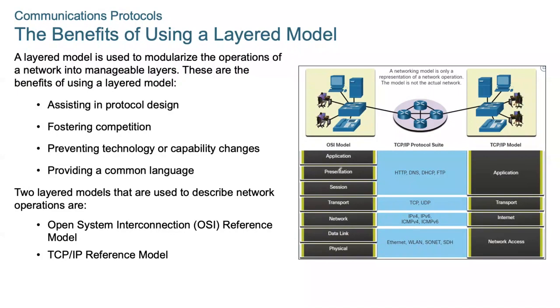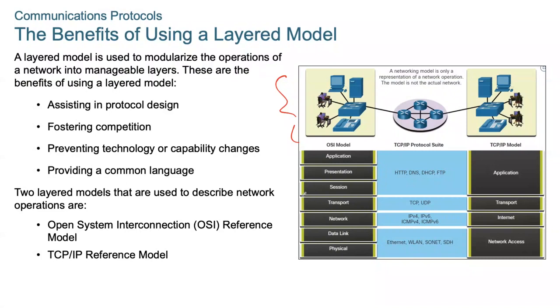One benefit is assisting in protocol design, because the protocols that operate at a specific layer have defined information that they act upon and define an interface to the layers above and below. Another is fostering competition, because products from different vendors can work together.